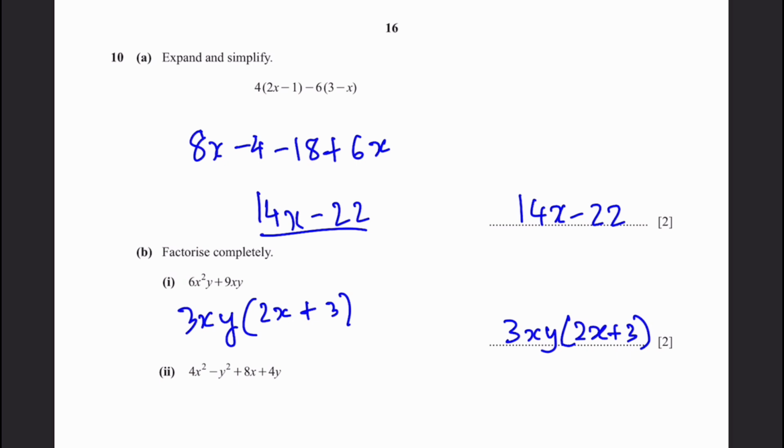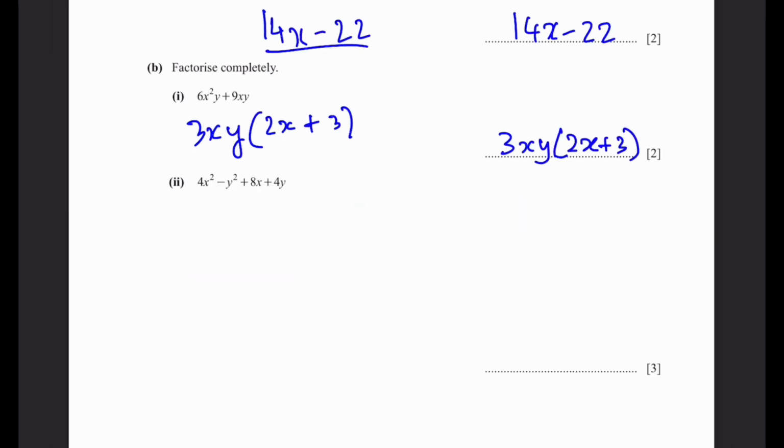Now going to part 2. 4x squared minus y squared plus 8x plus 4y. We can see that the first part of this expression is in the form of a squared minus b squared. And this a is equal to 2x and b is equal to y.